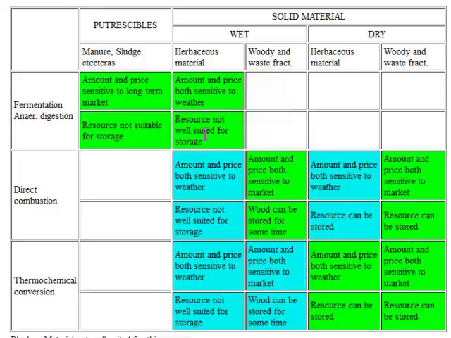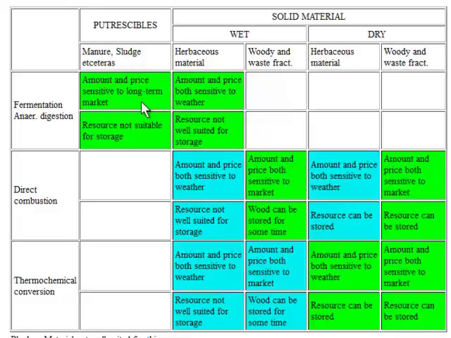But the supply chain, especially for a fermentation process with putrescible agricultural wastes such as manure or sewage sludge, will only be long-term variable. You can plan for it to be reasonably stable.